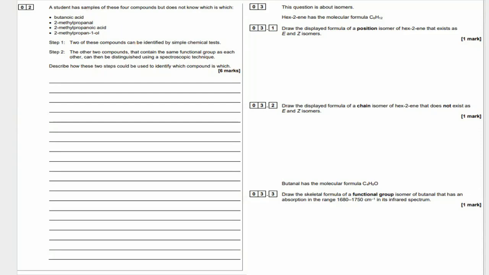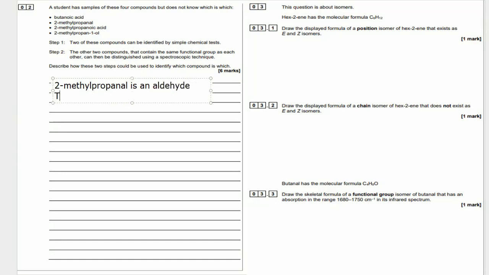So first of all, we need to say, how would we identify each compound? So I'm going to start with, could really start anywhere, but let's crack on. 2-methyl-propanol is an aldehyde. Do you remember the test for aldehydes? Well, one of the tests for aldehydes, we could use Tollens reagent.